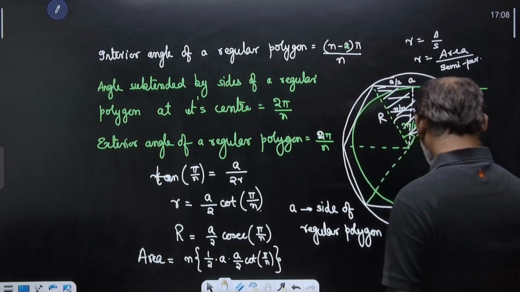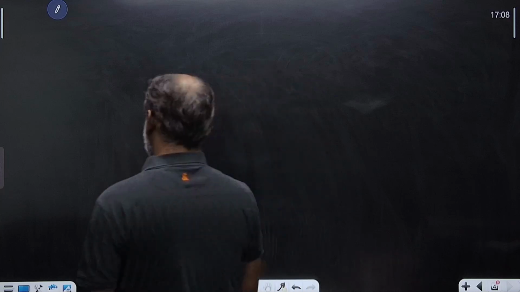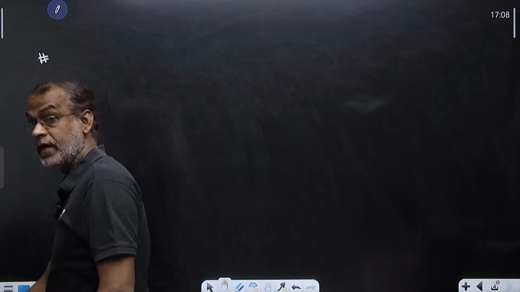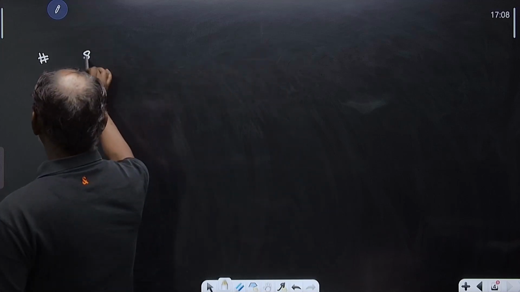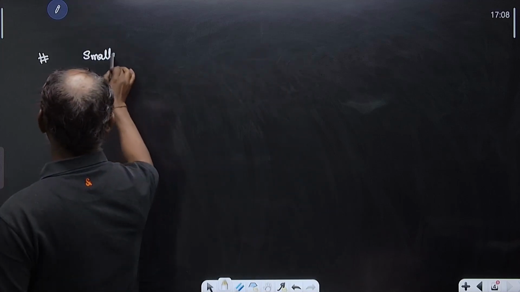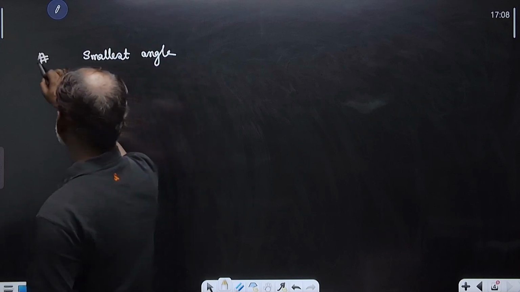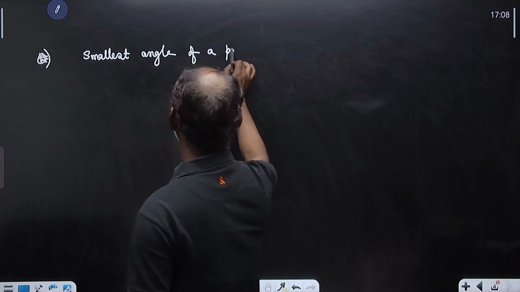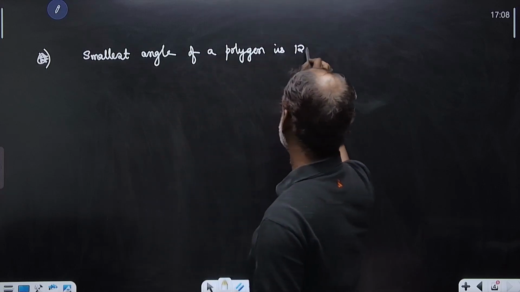Now let me pose a question regarding a regular polygon, or simply a polygon. This is a problem from NCERT. It's a good problem. The smallest angle of a polygon is 120 degrees.